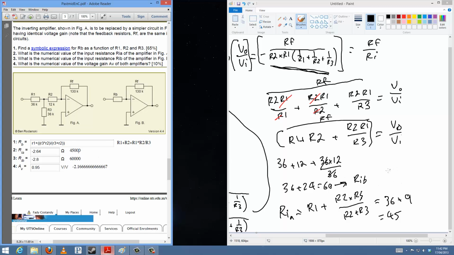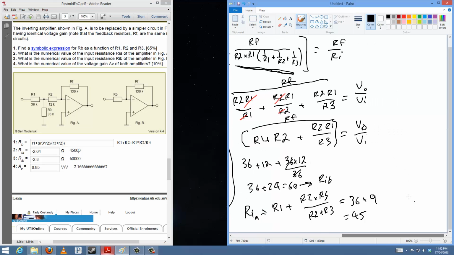And now, to determine which one it uses for AV, oh, they should both. I don't really understand how this works, to be honest. Doesn't really make much sense to me, because they're both different values for input resistance. They're both negative, so it's both inverting. Let's try it with RIA first. So 130 on 45.